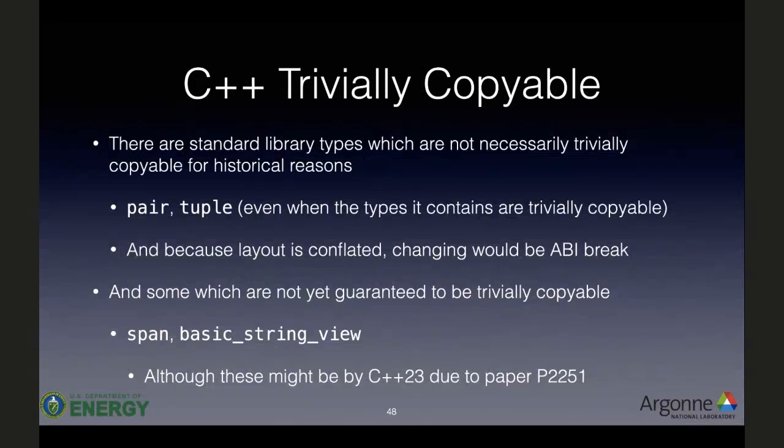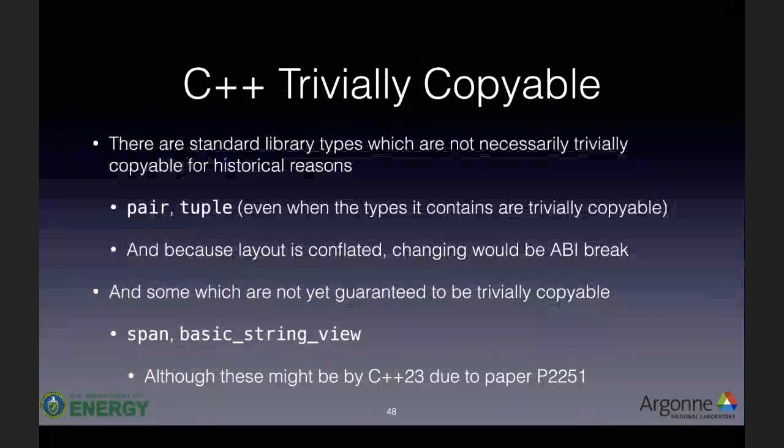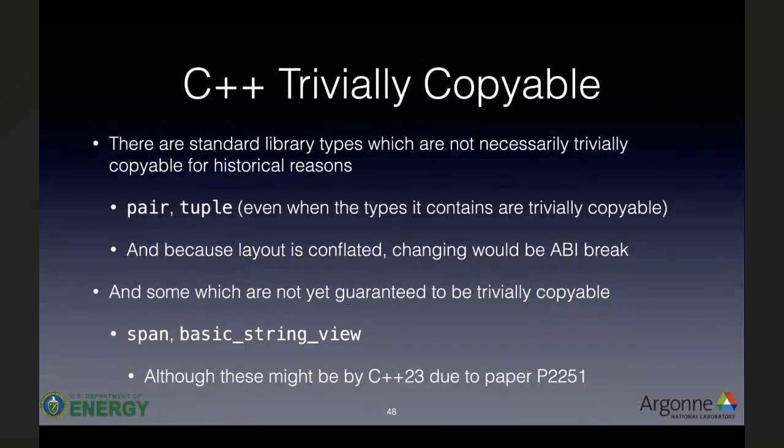It may change layout, because layout's conflated in there. It may change what it looks like, which would break a bunch of code out there. I don't want to say it's unwritten, but ABI does not appear in the C++ standard anywhere, yet it's something that the committee takes very seriously, and vendors have almost a veto power if we're going to arbitrarily break ABIs.